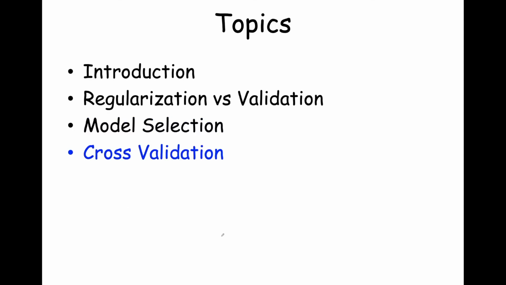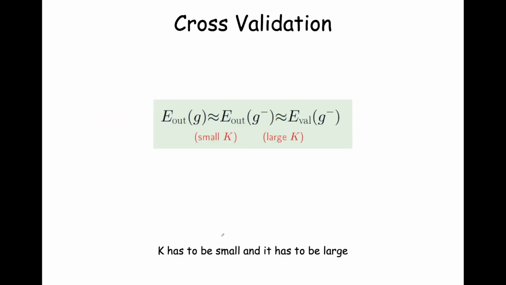Okay, so let's take a look at this cross-validation idea. Certainly, we said that E out of your final best hypothesis is close to E out of your limited final best hypothesis if you have small k. The reason is that as k gets small, the size of D train, which is N minus k, is large.